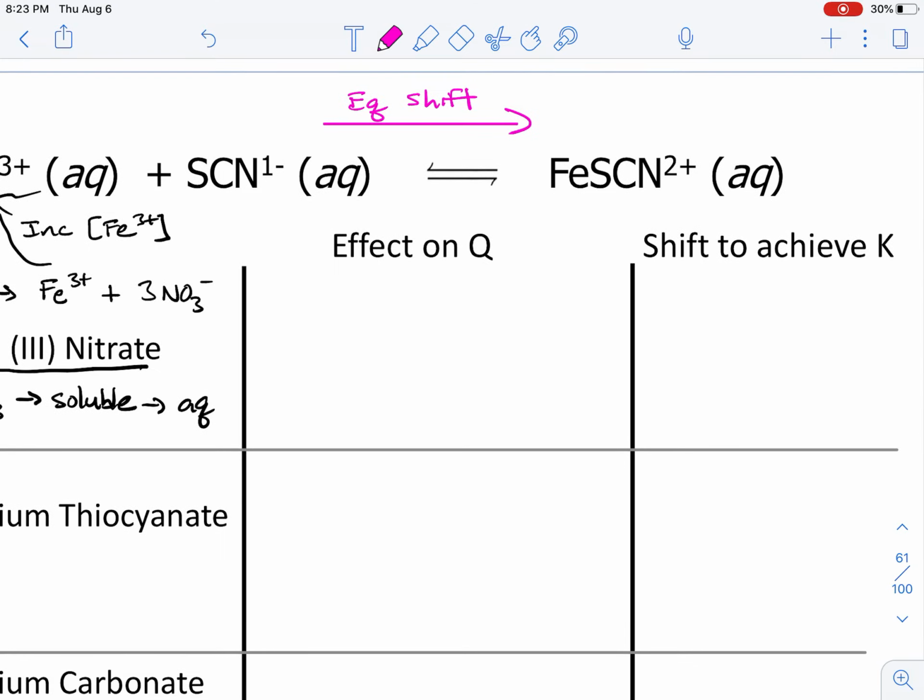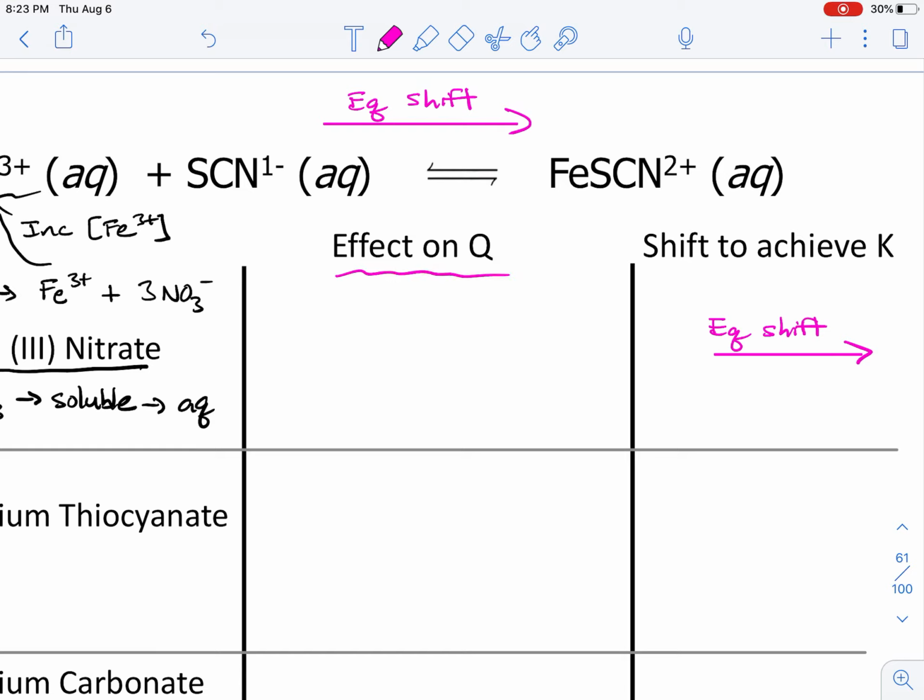And so, therefore, to achieve the new equilibrium, the equilibrium must shift to the right. And so, how does this affect Q?